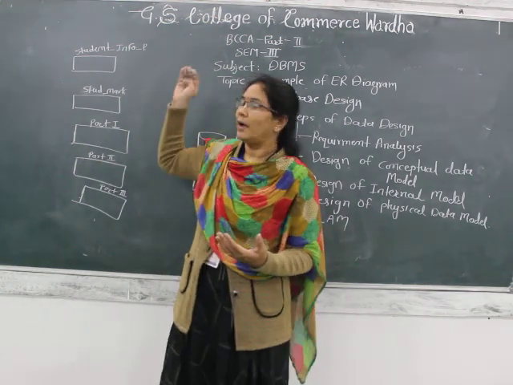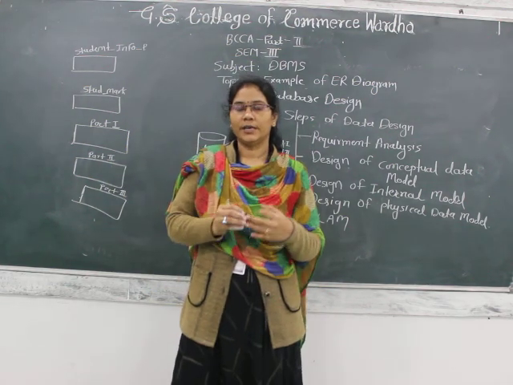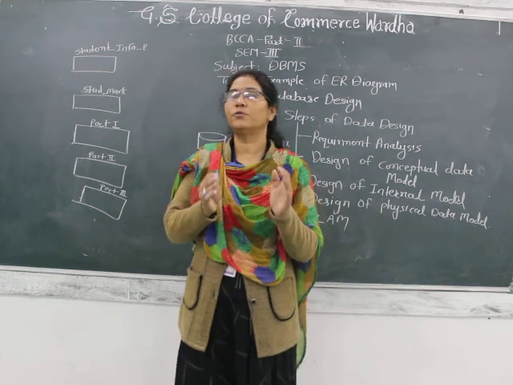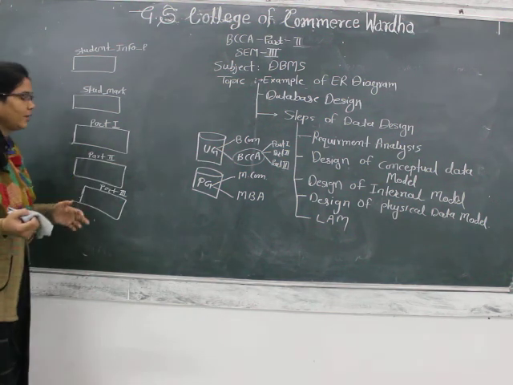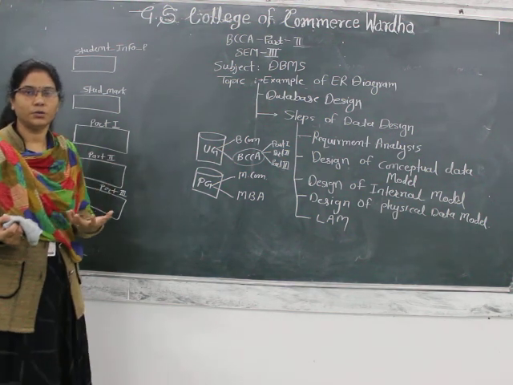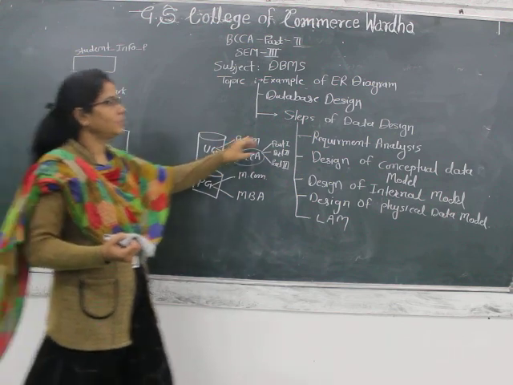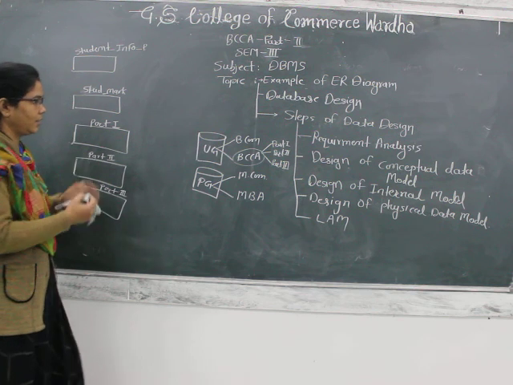After that we are going to store the data with the help of attributes, so we have to design the attributes also. In part 1, part 2, part 3, what data can we store? We don't know, so we have to analyze those particular things in requirement analysis.